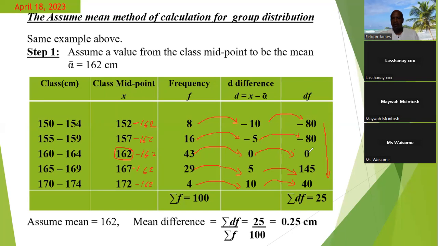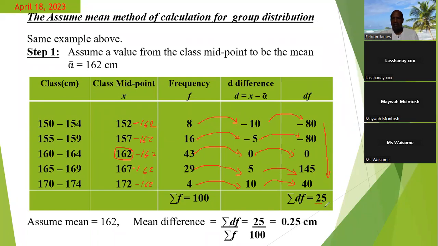When you add up all of these, bear in mind that you're adding negative and positive numbers, so you have to obey the laws that you learned for adding negative and positive. If you're adding unlike signs, you find the difference and keep the sign of the larger one. So when you add up all of this, your sum for your difference times frequency is equal to 25.